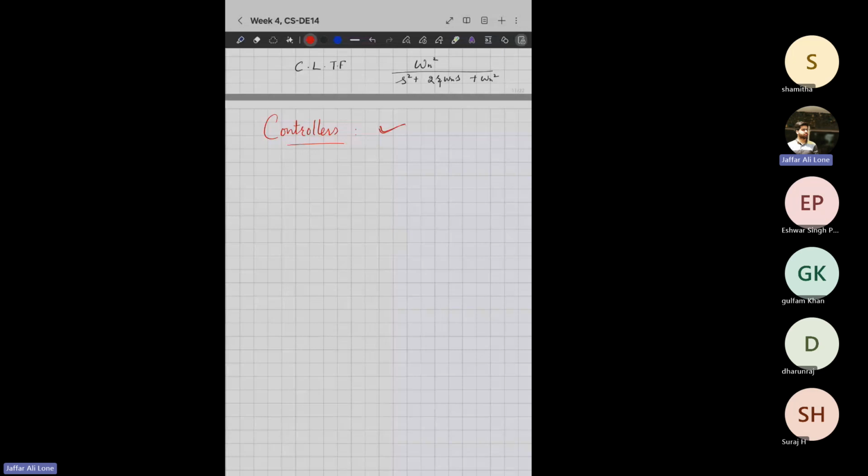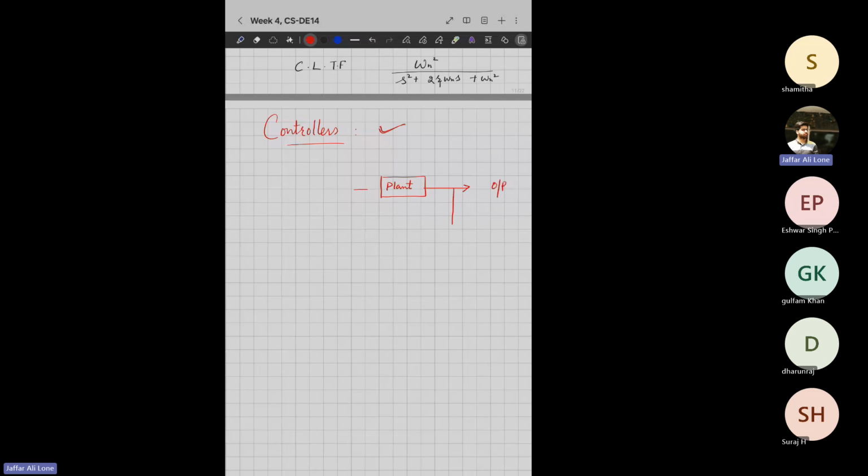Perfect. So basically, I told you in lecture 2 or lecture 3, this controller is always connected before the plant. I'll just make that diagram again so that you are able to understand things in a better way. If this is your plant, this is your output, C of t. Let's not confuse you because I'm writing in a detailed way.